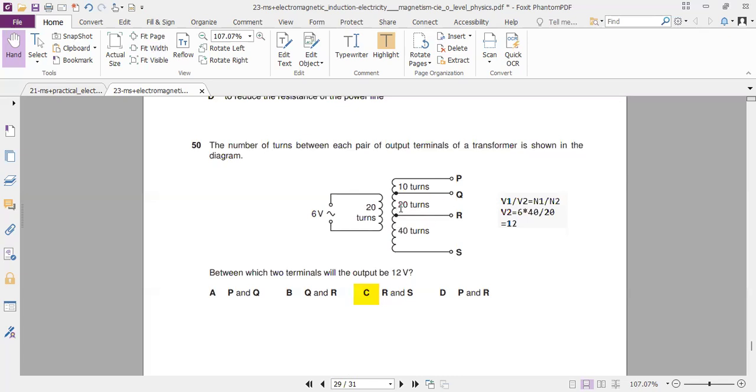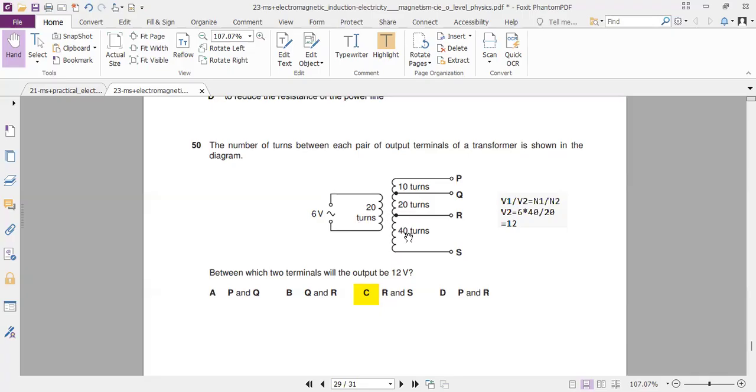In this question, we want to see what output voltage will be, which coil, how many turns of the coil will give us the 12 volts from the 6 volts stepping up. So first of all, a very quick knowledge check.